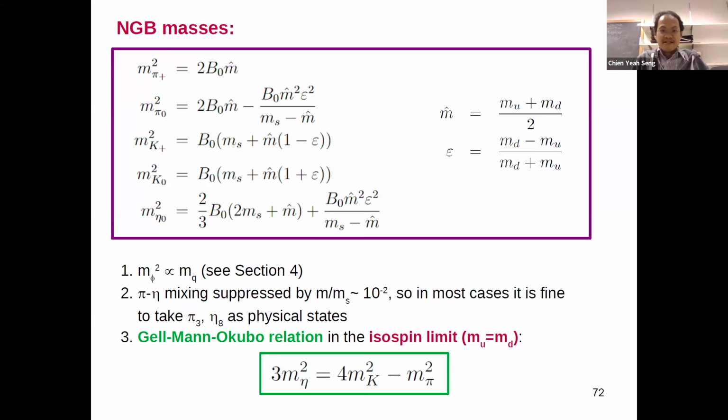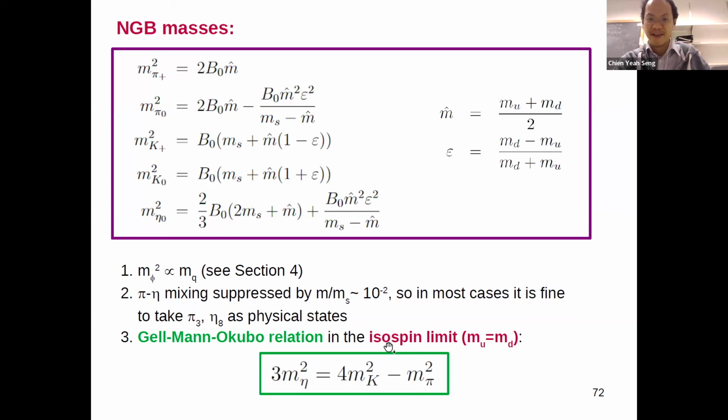And the third property is the so-called Gell-Mann-Okubo relation. If you take the isospin limit, mu equals md, then you will find that you can predict the mass of the eta by knowing the mass of the kaon and the mass of the pion. In the previous slides we had the table of the actual masses of the Nambu-Goldstone bosons.